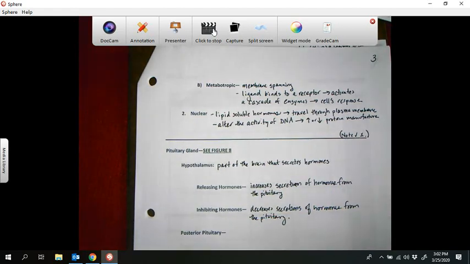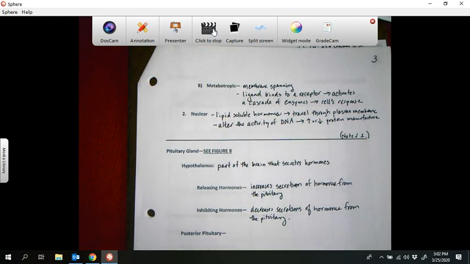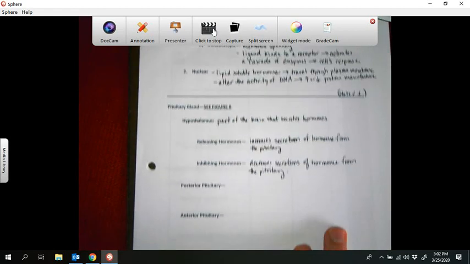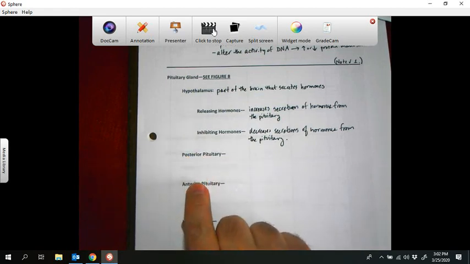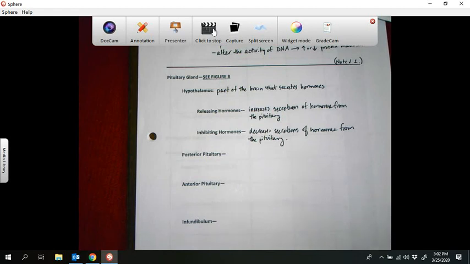And for the most part, these releasing hormones and inhibiting hormones are going to affect the anterior lobe of the pituitary. So the pituitary has 2 parts, posterior and anterior. We know those words already, so posterior is the back, anterior is the front.